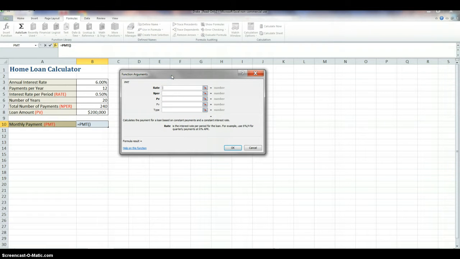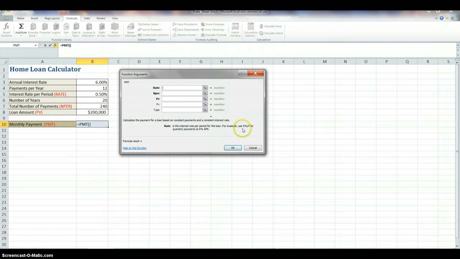Again, I know the book basically says just type in equals PMT, parentheses, the 3 cells, close the parentheses, and there's your payment. But I want you to see this. I want you to use the dialog box the first time. The rate is the interest rate per period for the loan.